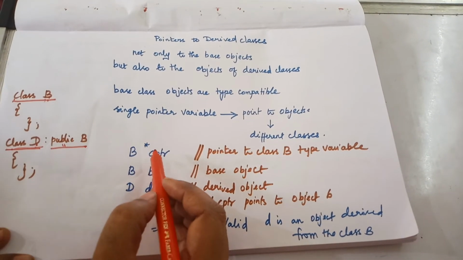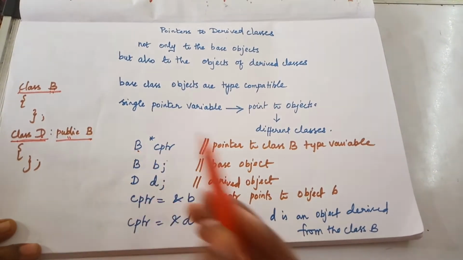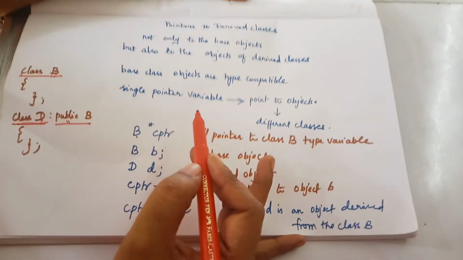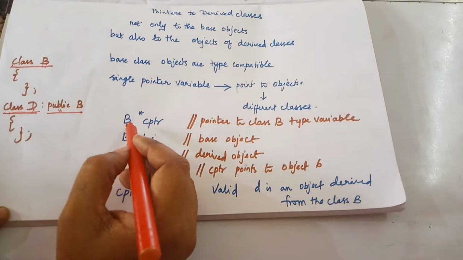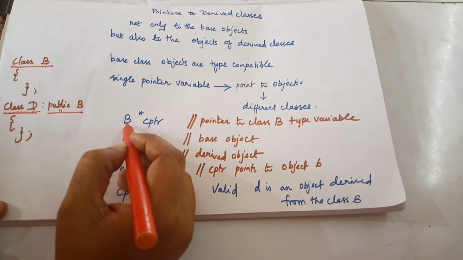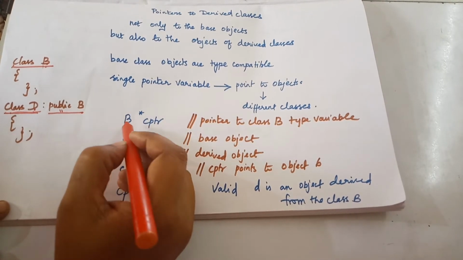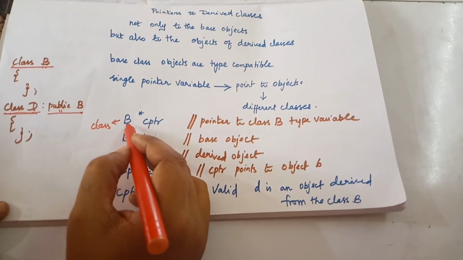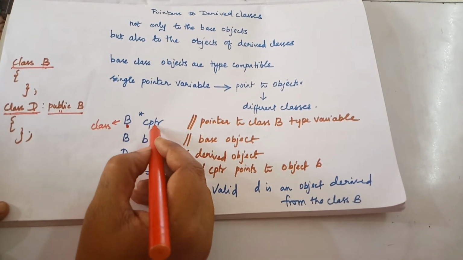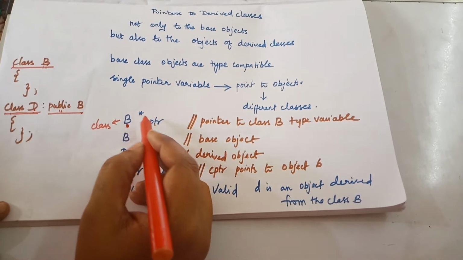See here. B is not an object. B is a class. So for B, I am creating a pointer. For the class, I am creating the pointer.